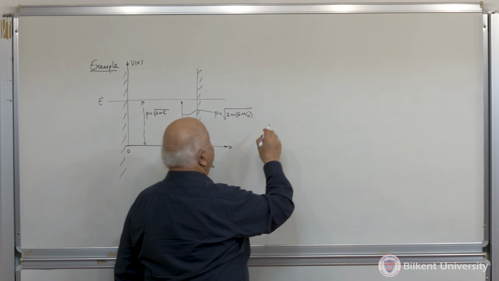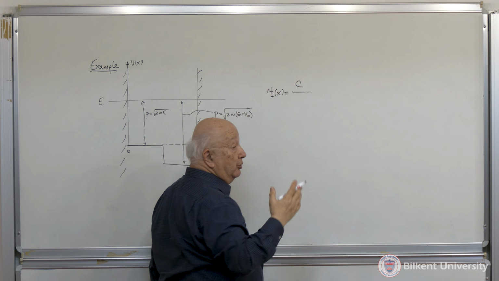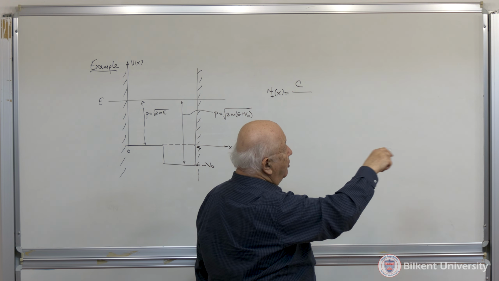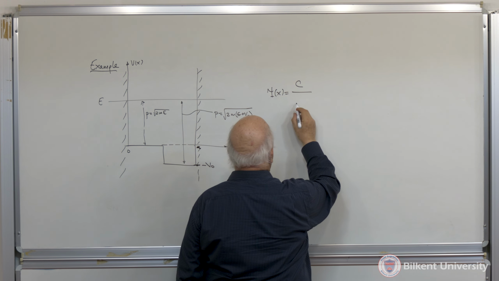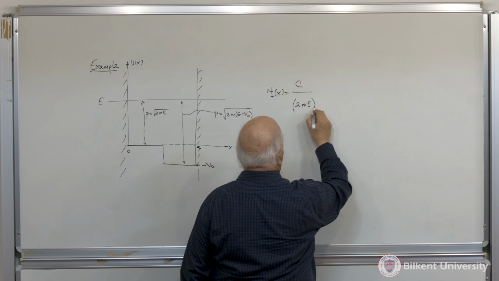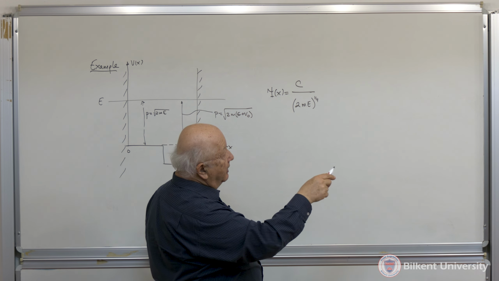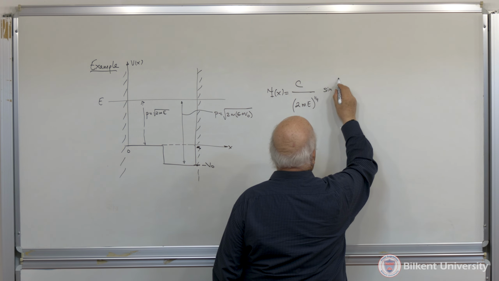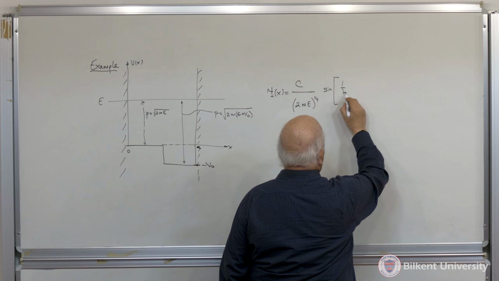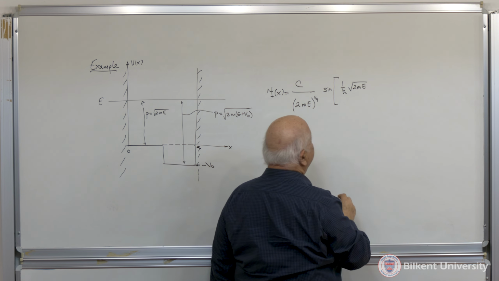So what does psi of x look like? There's the c, which I have to determine by normalization if I need to. And then I am going to have 1 over momentum, this is 1 over (2m(e plus V0)) to the power 1/4, and then I have sine of 1 over h bar, the square root of 2m(e plus V0), times the integral dx.